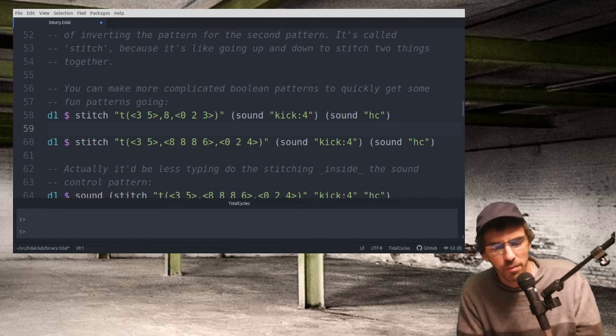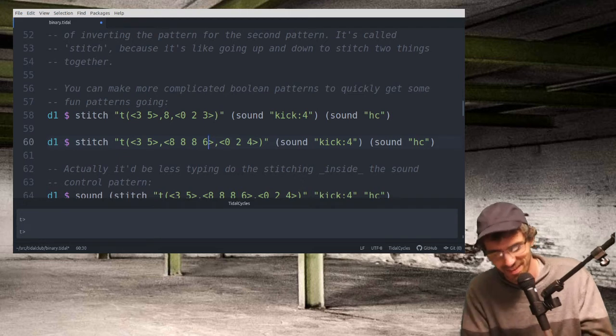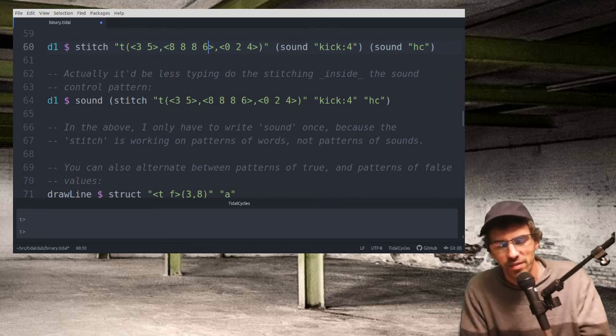Here it's even more complicated because it's shifting between 8 steps per cycle to 6. Pretty weird. And that's where, again, I'm doing the stitch inside the sound, but it'll just sound the same.